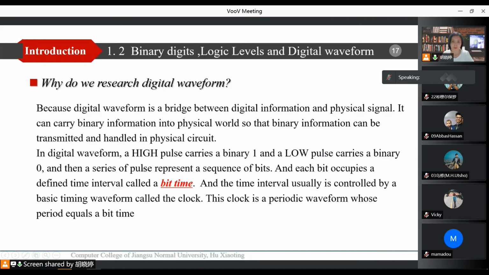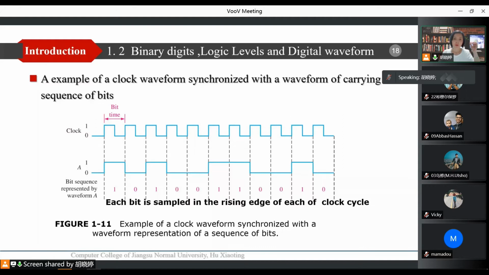In order to use a waveform to transfer a series of bit information, we need to use a clock signal to synchronize the series of bits.